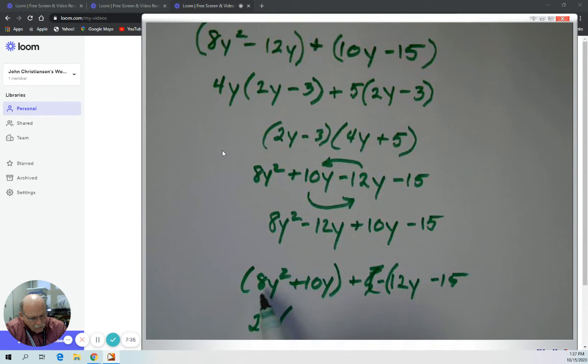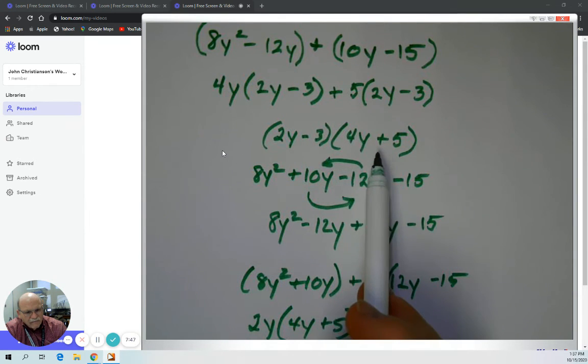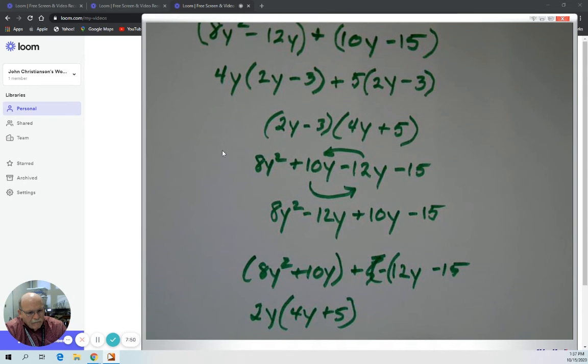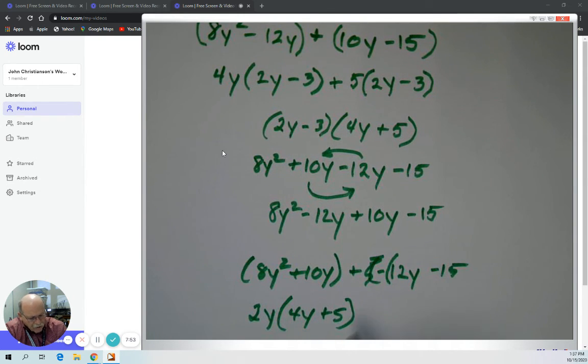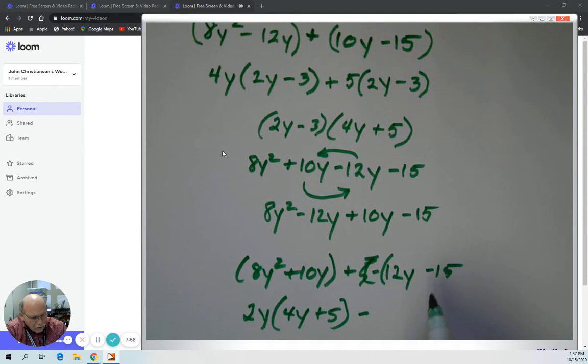I have 8 divided by 2 is 4, and then y, 10 divided by 2 is 5. I want you to look up here and see this, 4y plus 5. So we've got the same thing occurring down here. Let's see if it continues. Minus, and then I have 12 and negative 15, and again, this is going to be 3 that I'm factoring out of this, right?